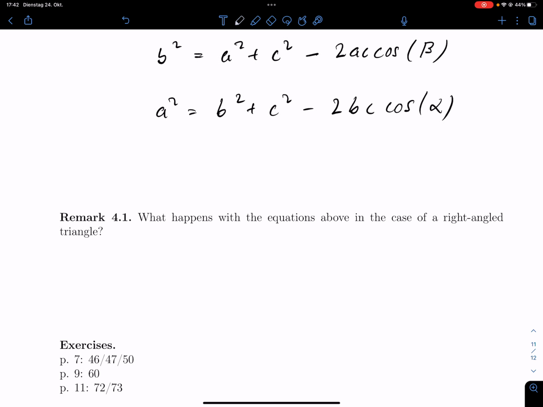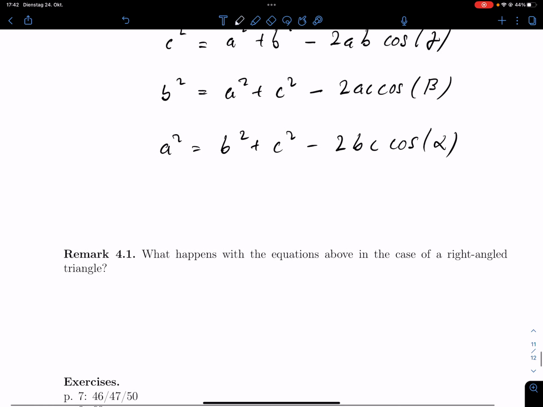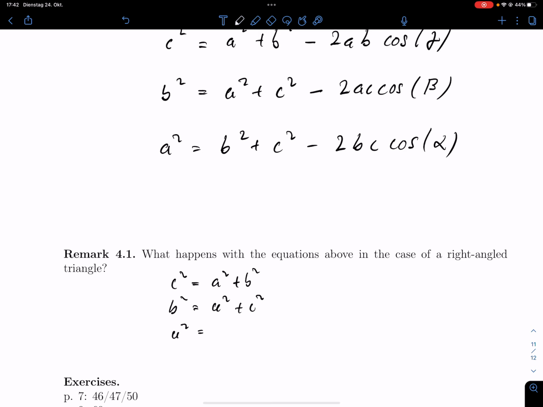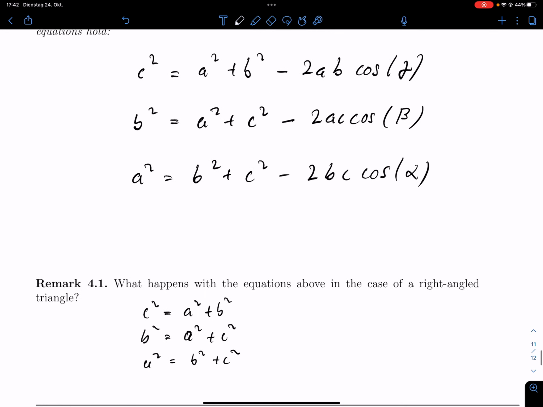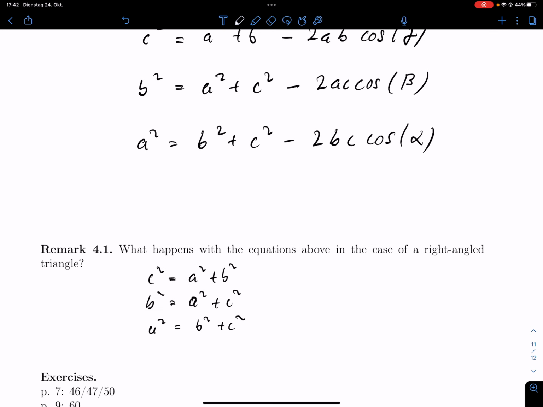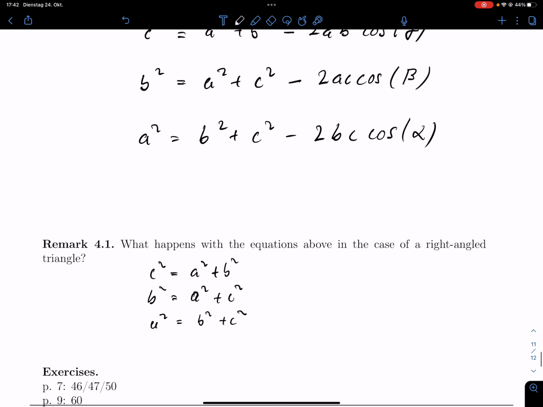So the equation devolves to c squared equals a squared plus b squared, or b squared equals a squared plus c squared, or a squared equals b squared plus c squared. And these are, of course, all Pythagorean theorems, and as they should be, because if we have a right-angled triangle, the Pythagorean theorem is true. So the cosine rule, in essence, is a generalization of the Pythagorean theorem.